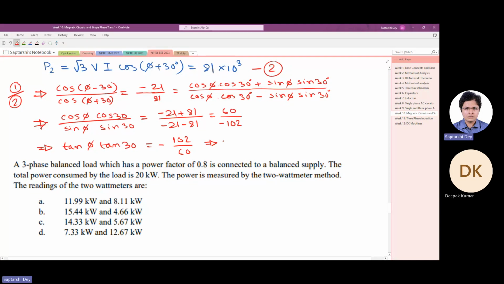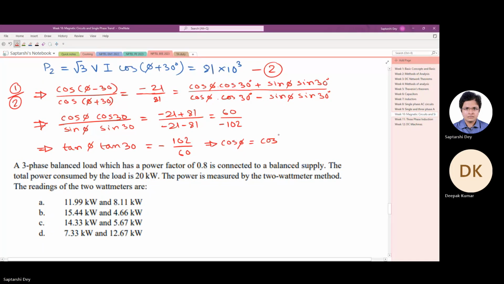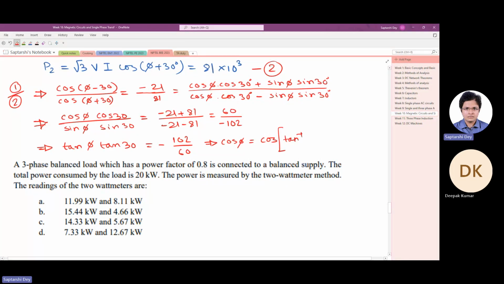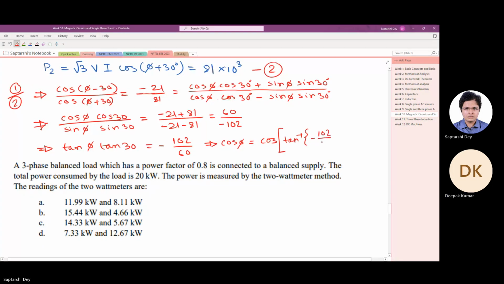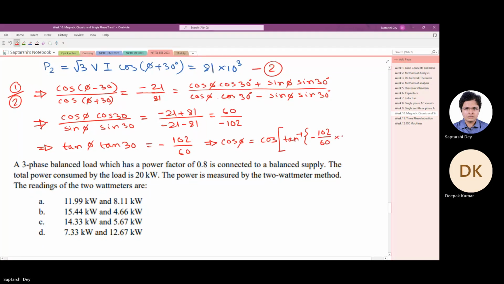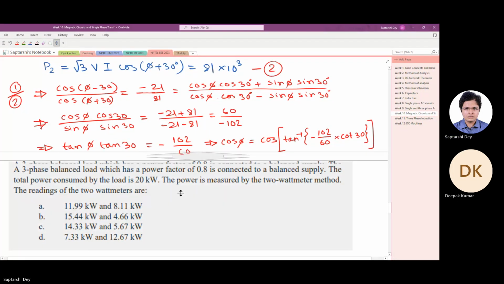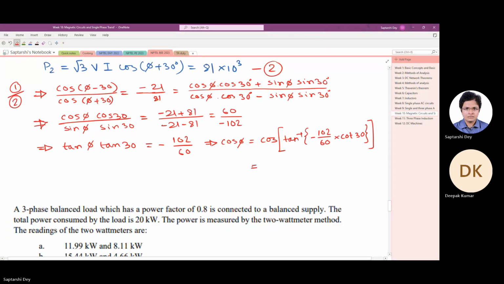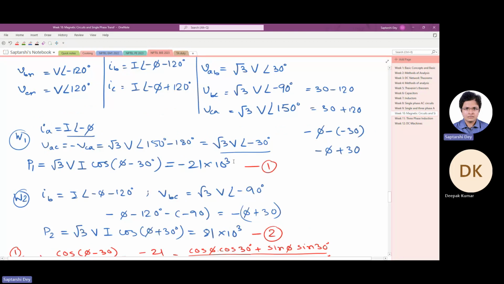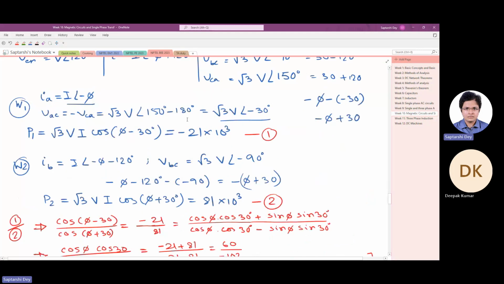So we have been asked to find out cos phi. So cos phi is cos of tan inverse, right? This will give you somewhere close to 0.3. This one will be the answer. You can verify.